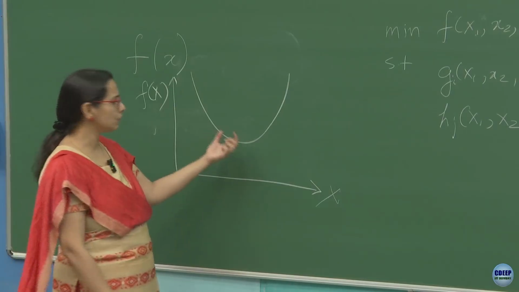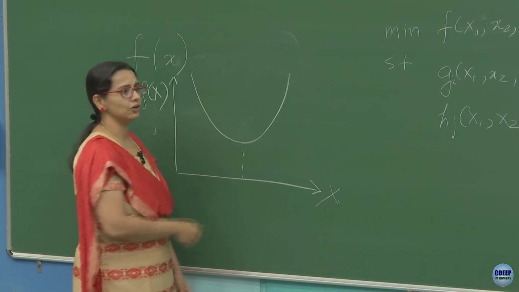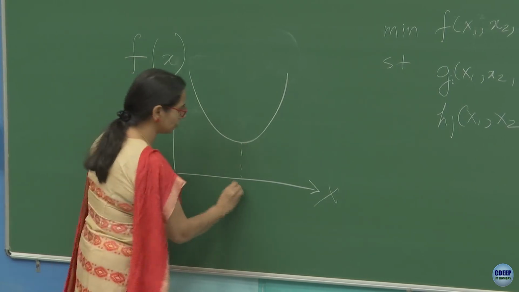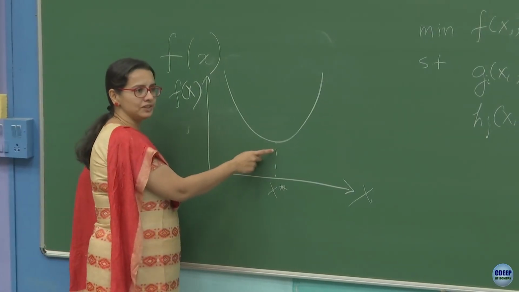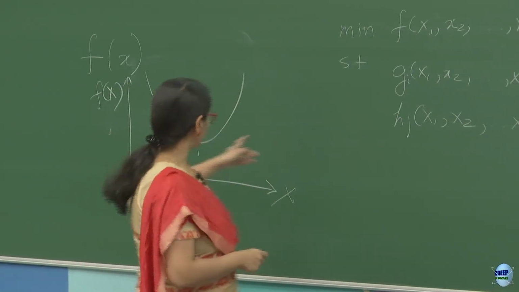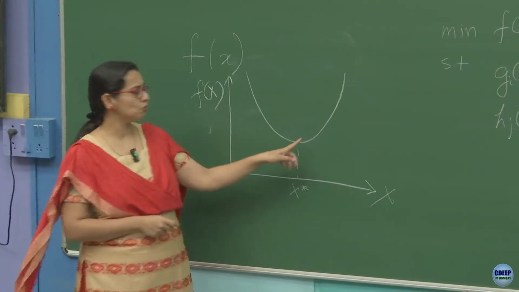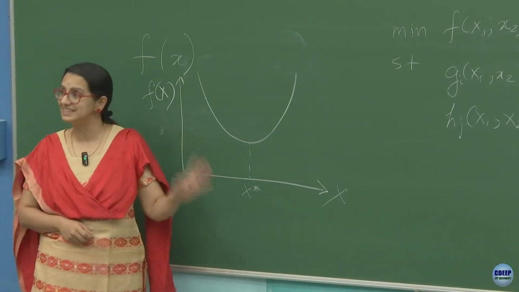And visually, very quickly, this is the point of interest to you. This is your minima. This is your minimizer, correct? This is the point of interest for me, correct? All right. Now, if you look at this, you move away from this point in either direction, the function value is increasing.